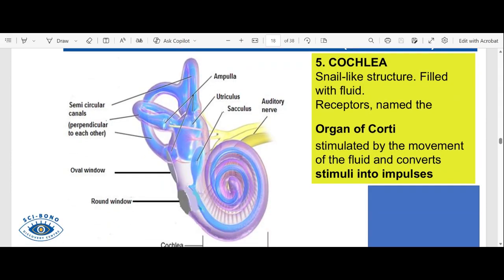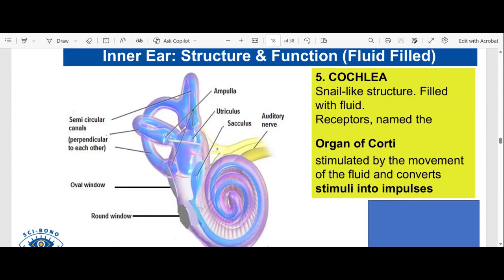Okay, well, let's go to our cochlea, right? Our cochlea is a snail-like structure filled with fluid. It contains a receptor inside called what? The organ of Corti. And this organ of Corti is stimulated by the movement of fluid, right? Remember, the pressure waves are created by the oval window, and those pressure waves stimulate the organ of Corti inside our cochlea.